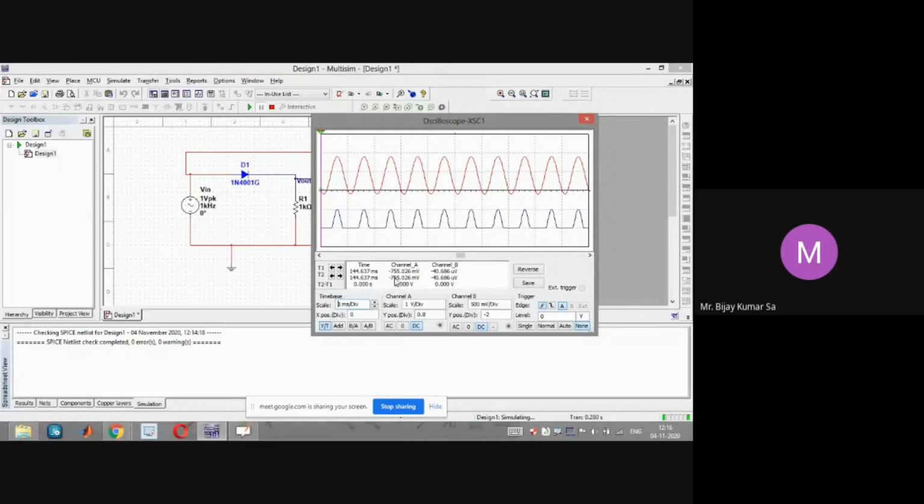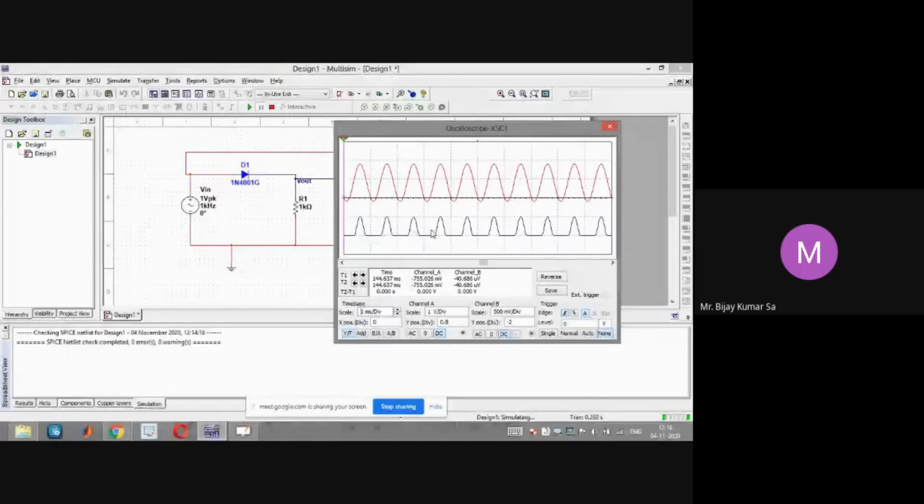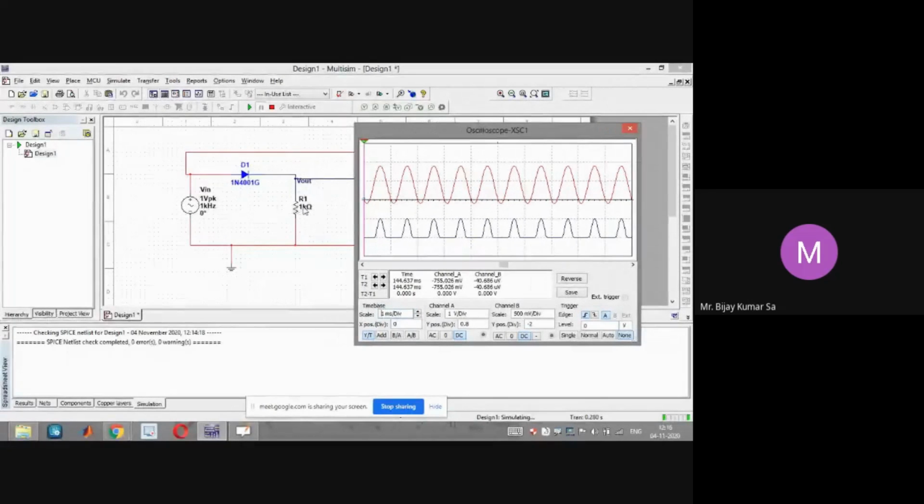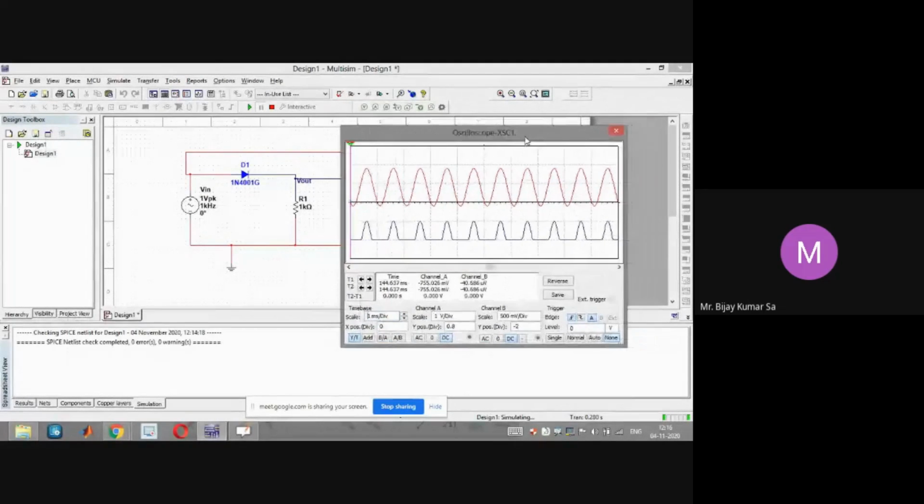Okay, anyway, so these are the two signals. The red one is the input signal, the blue one is the rectified output that we are observing across the load resistance R1. Definitely you'll see here that only the positive half cycles are appearing.